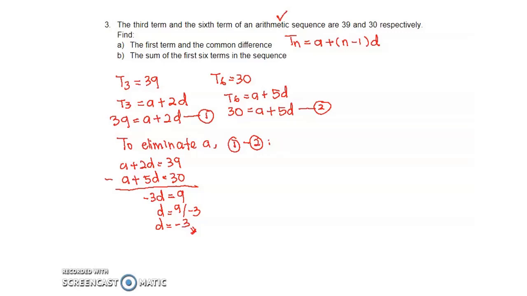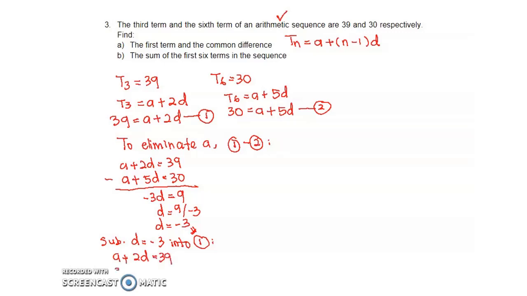Once we get D, then we can find the first term. Substitute the value of D into any equation. So substitute D equal to negative 3 into, let's say, the first equation. A plus 2D equals 39.